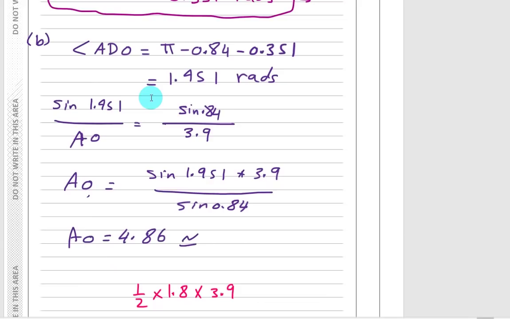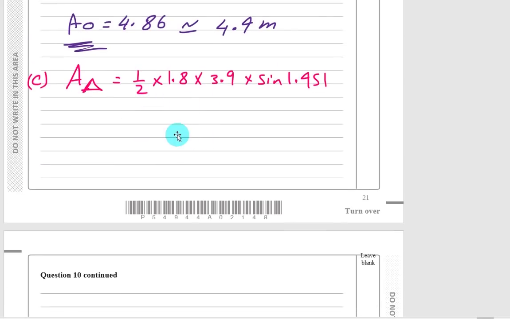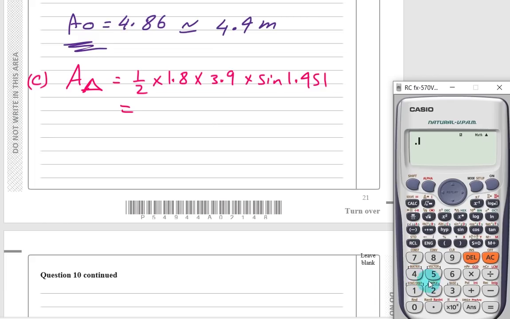So this is 0.5 by 1.8 by 3.9 by sine 1.951.